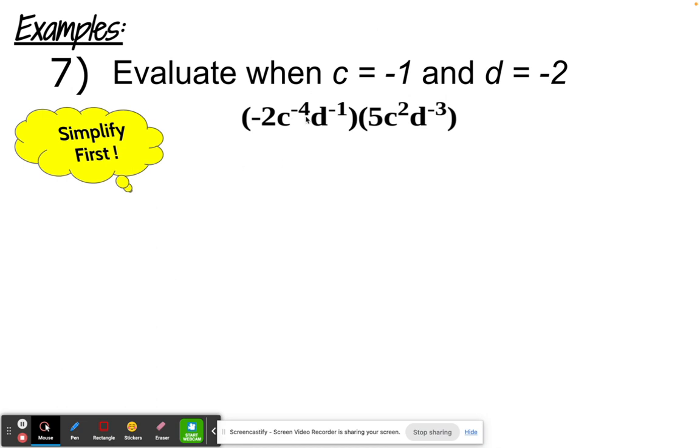Okay, I have a whole bunch going on here, and I'm also going to evaluate. So I'm going to be plugging in -1 for C and -2 for D. But I don't want to do that until I've simplified it first. So let's start with simplifying it. I have -2 times 5. That is -10.